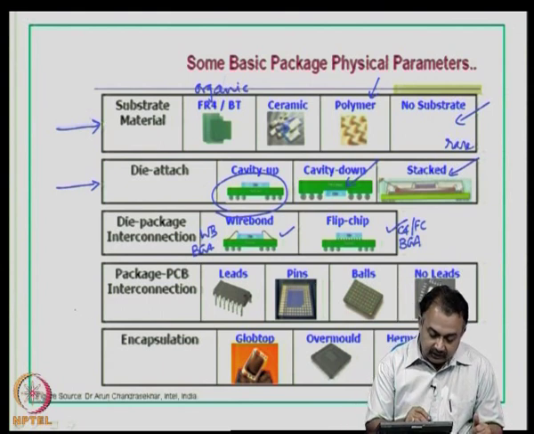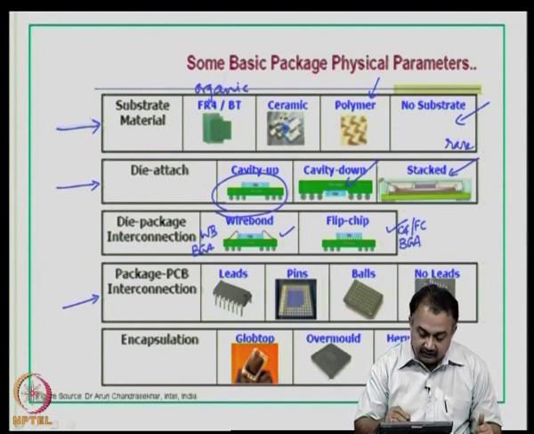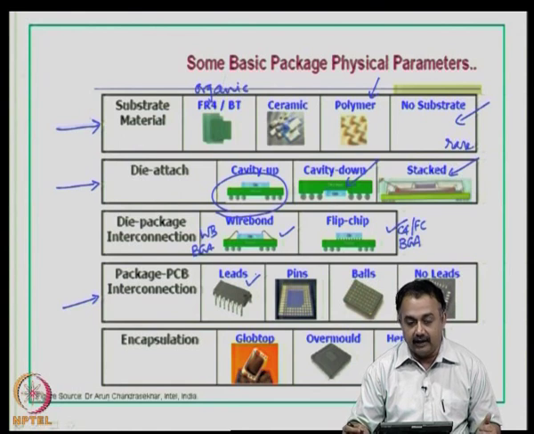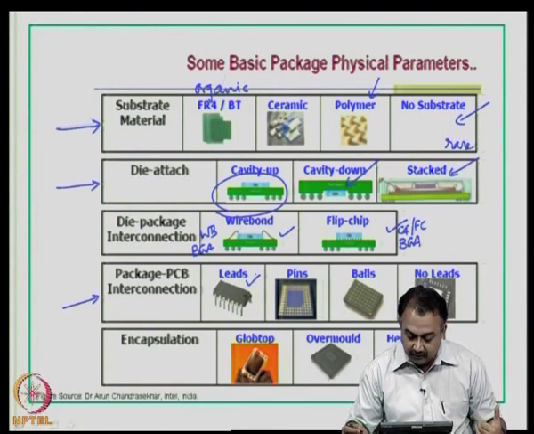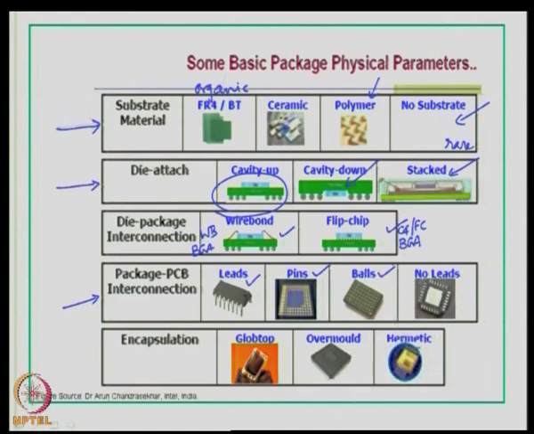Then comes the package to PCB interconnection. What are the choices available? We have leads that could be used, like your dip packages or QFPs. Then you have pins, like your pin grid array, and solder balls, in the case of a BGA or a CSP. You could have no leads.